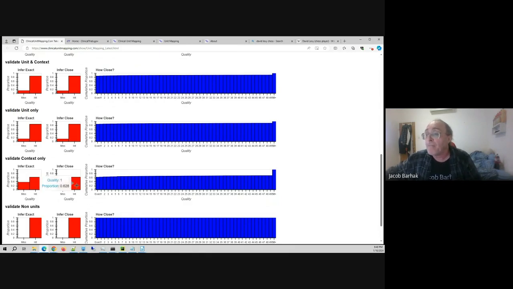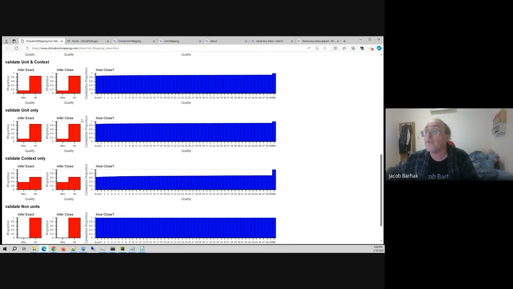With the context only, it shouldn't be that accurate, but 62% of the time, if you give it only the context, it will give you the correct units. This is not a trivial task because you cannot always infer the unit from context, as it's a one-to-many connection. But still, 62 is impressive.